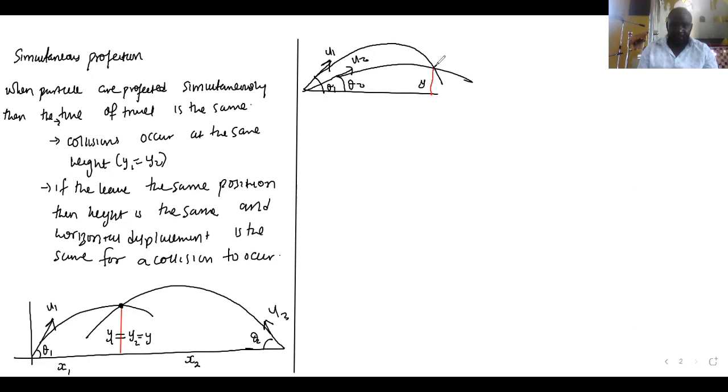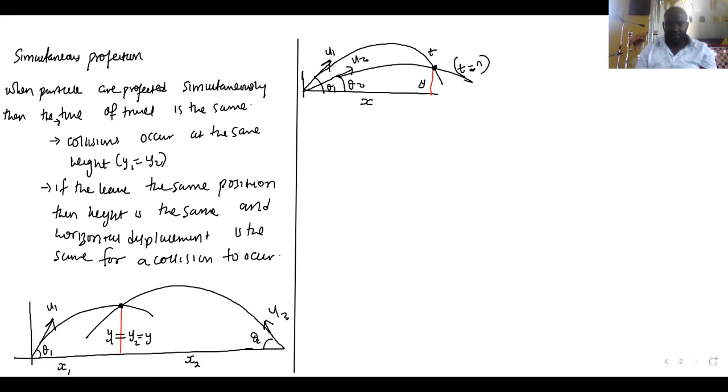Y is the same. Then also horizontally, they would have traveled the same distance. So this occurs when you have been projecting them at the same position, but the times of travel may be different. This one could have been traveling maybe at a time t, then maybe this one, which was projected later, has taken a time of t minus n, t minus some seconds. Okay, so we have to put those considerations into practice.